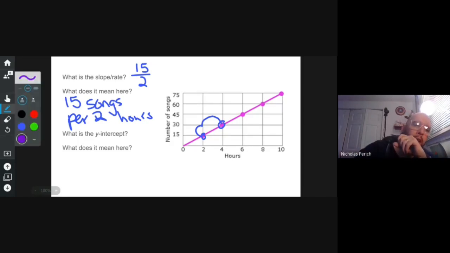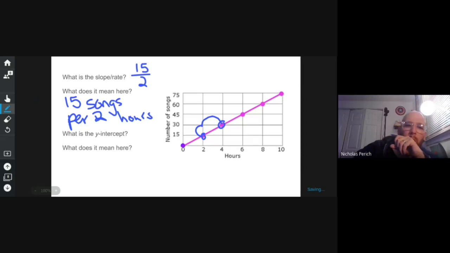What is the y-intercept? That guy. So the y-intercept is 0, 0. What does it mean here? Well, I listen to no music. Or I'll say this.